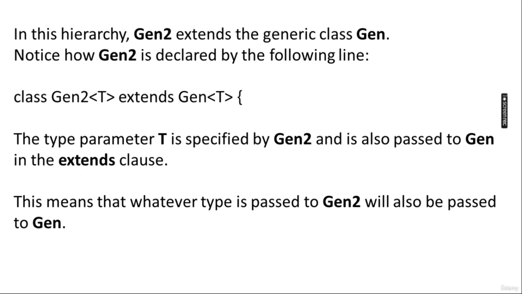Now notice how Gen2 is declared by the following line: Gen2 of T extends Gen of T. So the type parameter is the same in both cases. The type parameter T is specified by Gen2 and also passed to Gen in the extends clause. This means that whatever type is passed to Gen2 will also be passed to Gen.